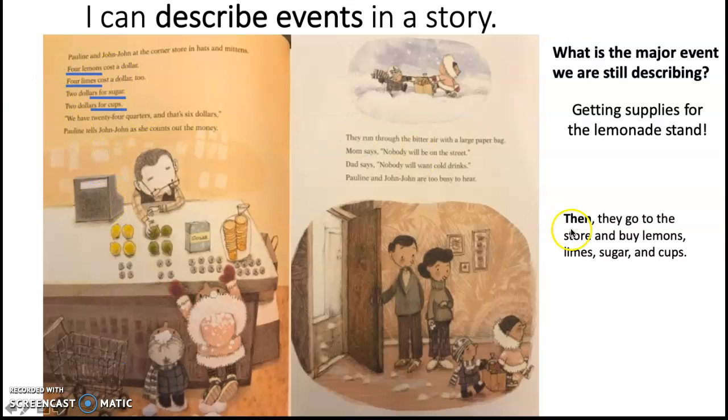So I used these details and put it into my own sentence, that then they go to the store and buy lemons, limes, sugar, and cups. I'm still describing how they got their supplies for the lemonade stand. And last, they run home with their bags to make the lemonade.